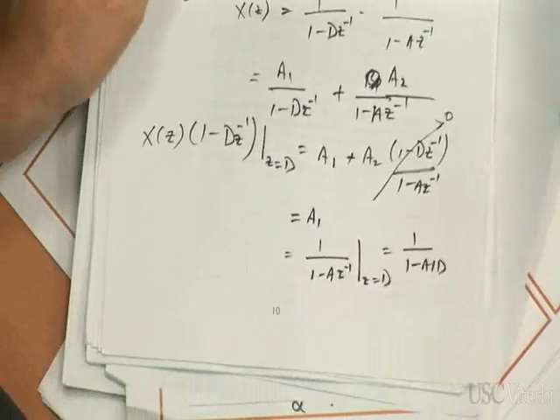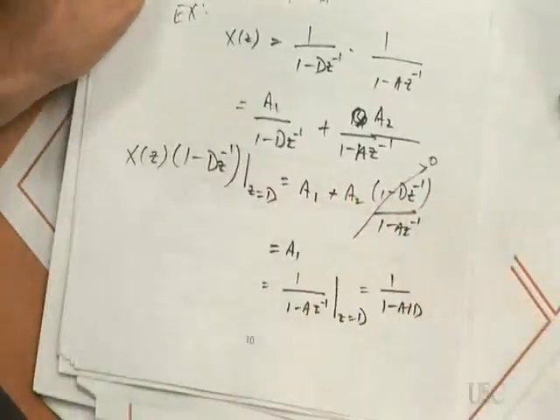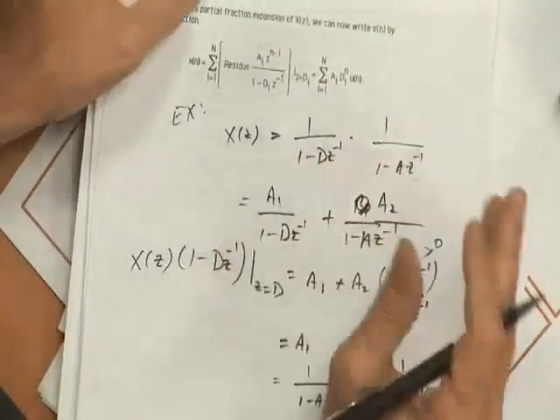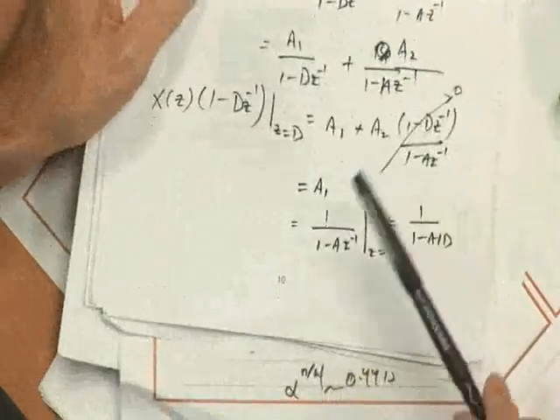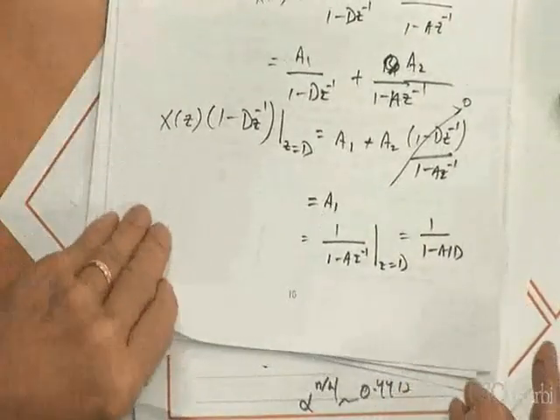And that is A1. You can do the same thing for A2. So sometimes, if you have a simple product of two or three terms, you can use the partial fraction expansion this way.